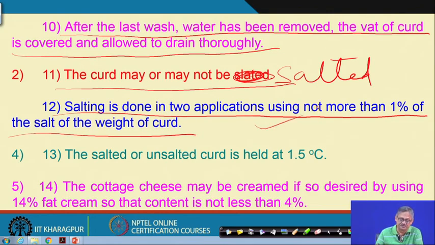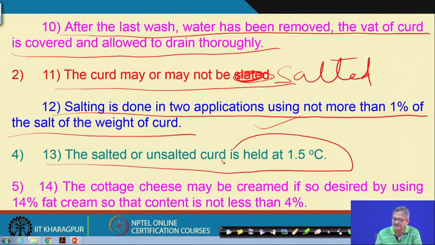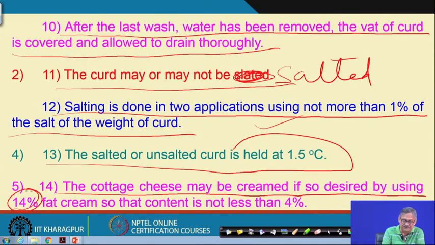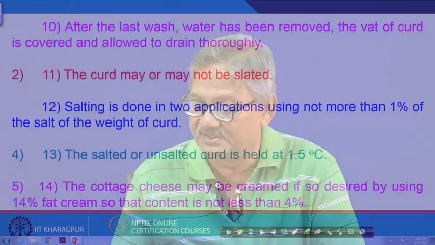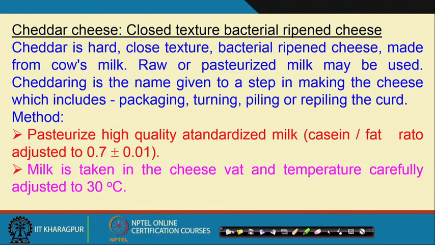The salted or unsalted curd is held at 1.5 degrees centigrade, and then the cottage cheese may be creamed if so desired by using 14% fat cream, so that the fat content is not less than 4%, what we said, creamed cottage cheese, right. And then this way you can prepare the cottage cheese. It is very easy, right.